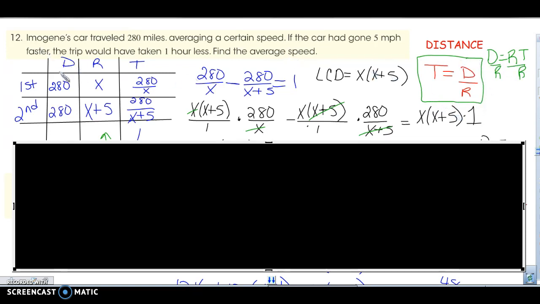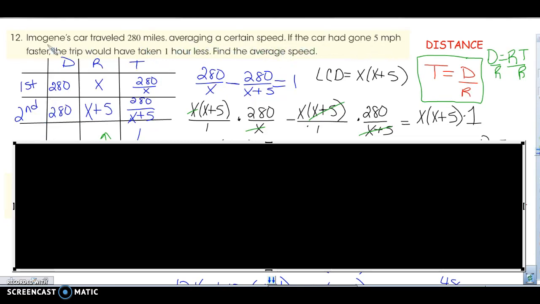And so I started off labeling the two parts of my trip, and then I labeled the distance in the chart, then the rate, and we put time at the end. So it goes on to say that this car traveled 280 miles, averaging a certain speed.